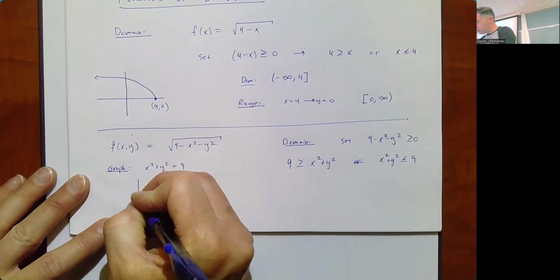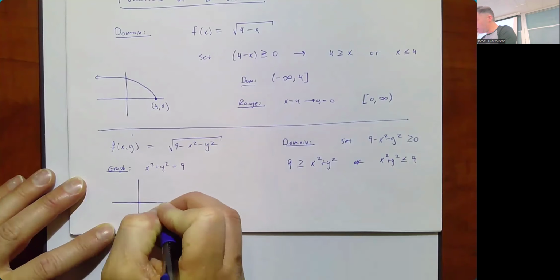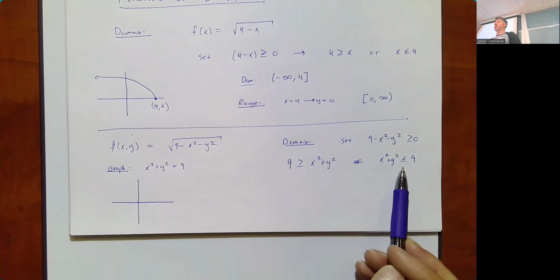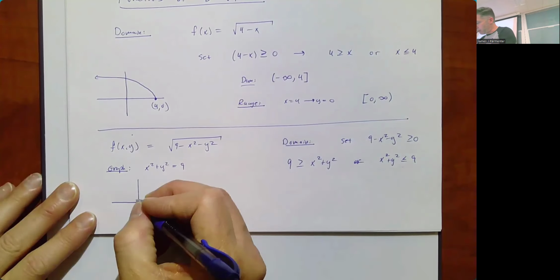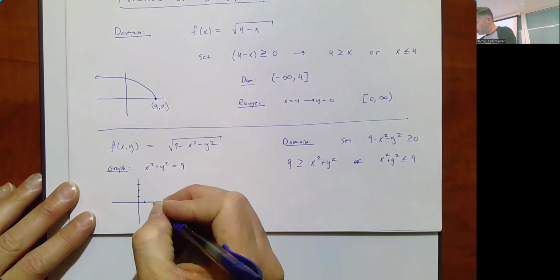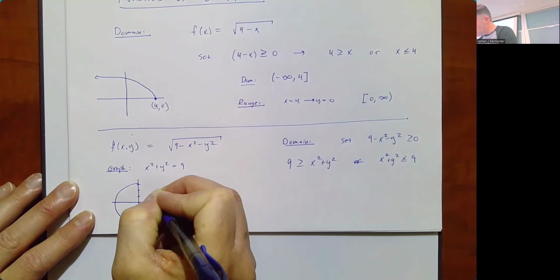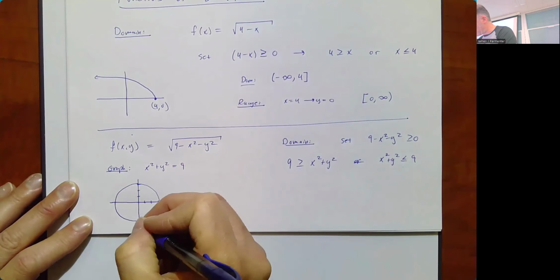Now typically when you're graphing a domain, if a boundary is included, we draw it solidly. If a boundary is excluded, we draw it with a dashed line. Here, since I want x squared plus y squared equal to 9 to be part of the domain, I'm going to draw that circle with a solid line. But we'll do another one later where we draw the dashed line. So I'm going to draw my circle of radius 3 with a solid curve.